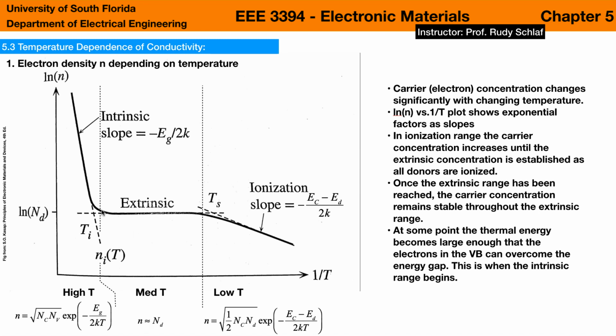And then once we reach a temperature that's high enough that a significant number of electrons can make it across the band gap, then we enter the intrinsic range, and that has a slope that is defined by the band gap divided by 2 times the Boltzmann constant. So we have this behavior across the entire temperature range.